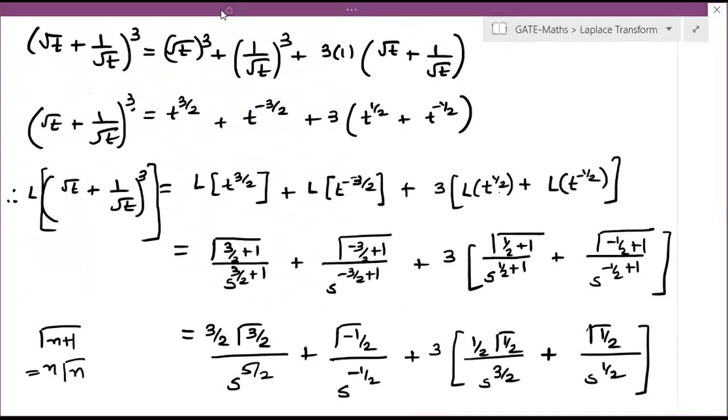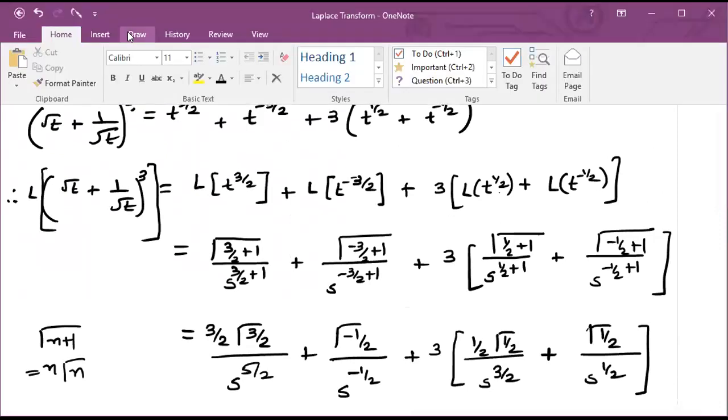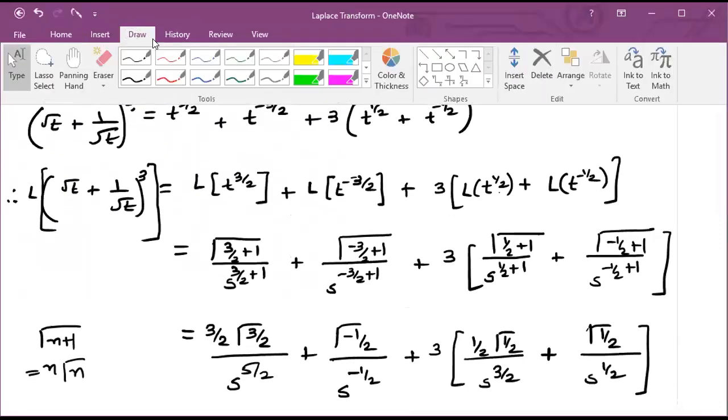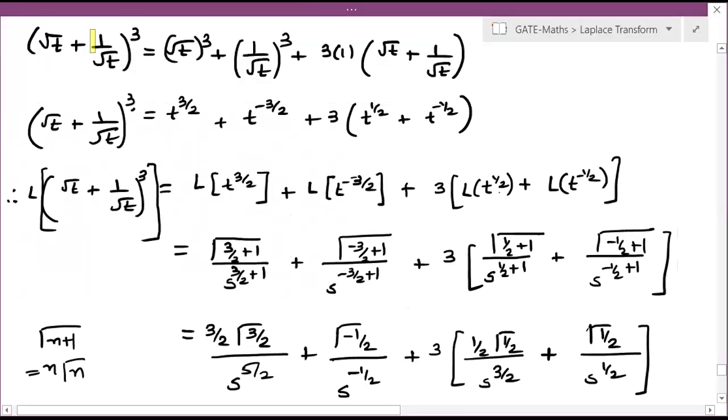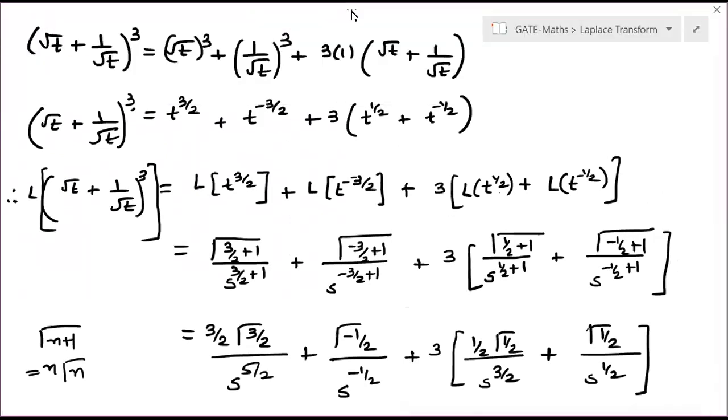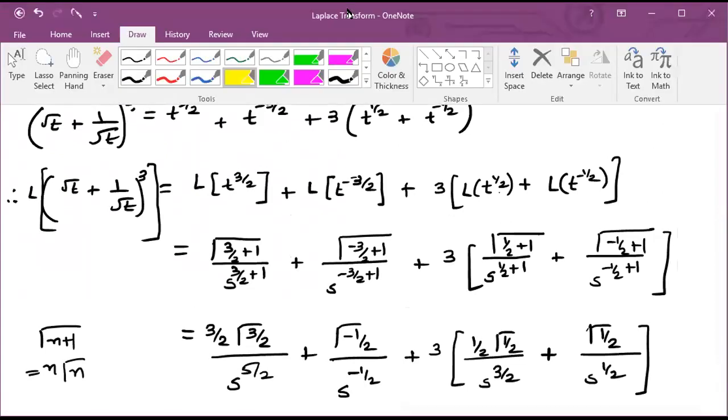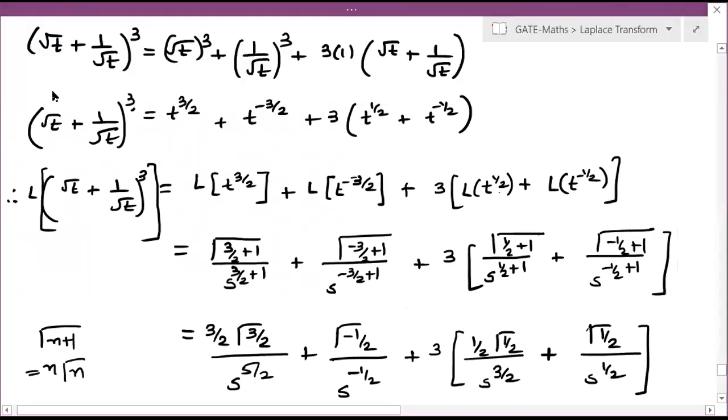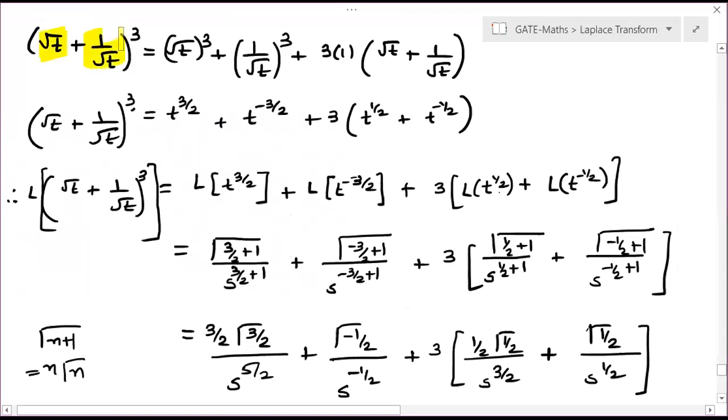So first here, this was our root t plus 1 upon root t whole cube. If I apply the formula of a plus b whole cube over here, then it will be a cube plus b cube plus 3ab into bracket a plus b.